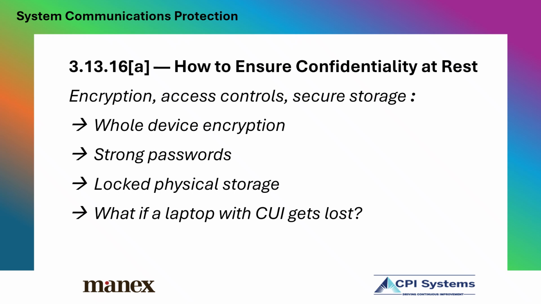Do we know what to do if a laptop with CUI gets lost? For example, Sam stores CUI on her work laptop, and that laptop uses full disk encryption. So even if stolen, the files stay unreadable without the right password. Her boss Malone ensures that backup drives and file shares are also encrypted, and access is limited to only those who need it.